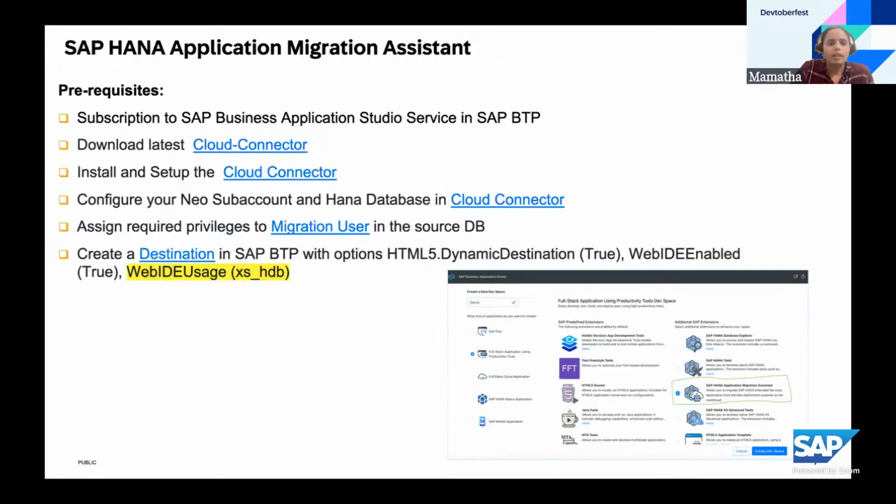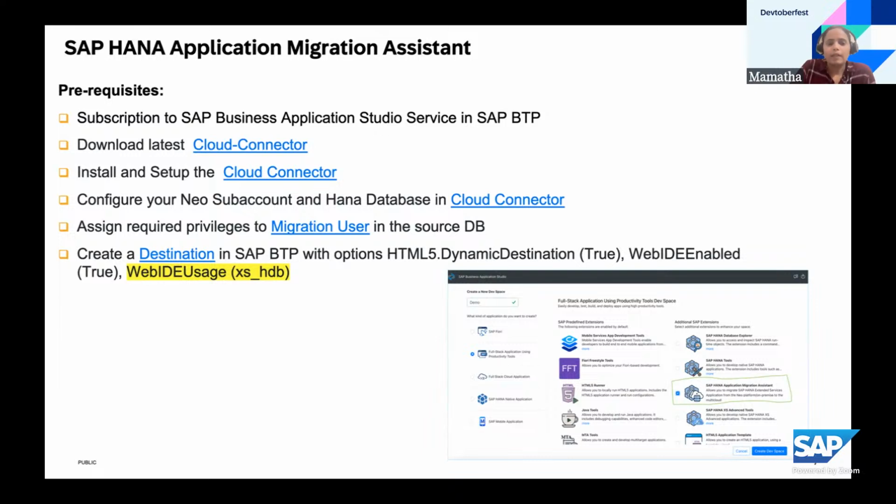When we talk about the SAP HANA application migration assistant, there are some prerequisites. First and foremost is a subscription to SAP Business Application Studio, and we should also have Cloud Connector installed and configured, where we expose our source system via the Cloud Connector. We should also have a migration user created in the source DB.